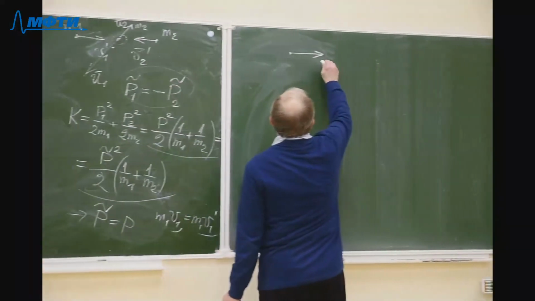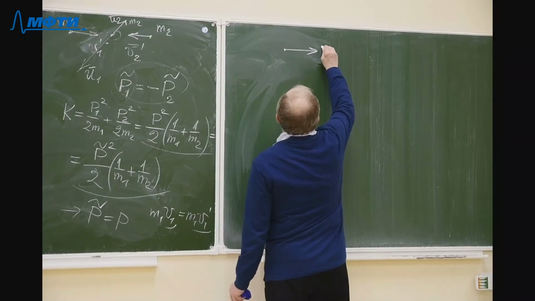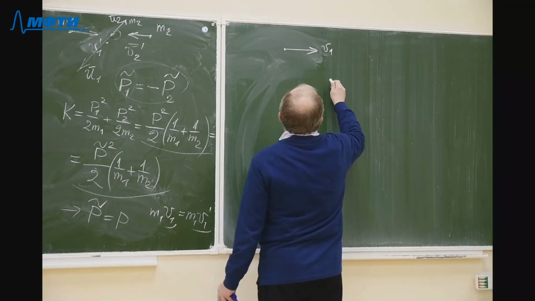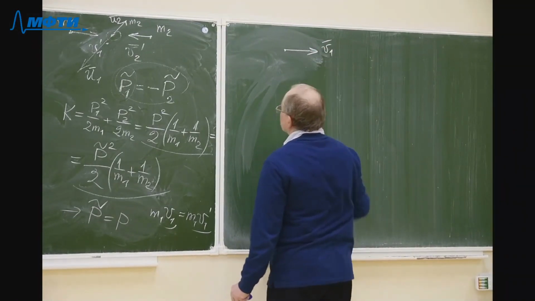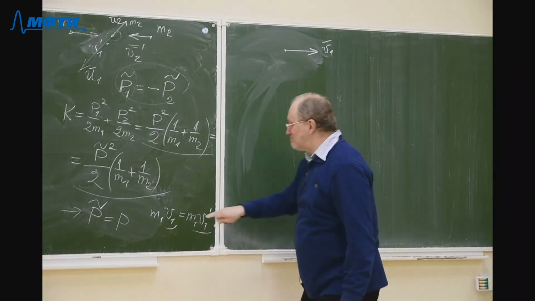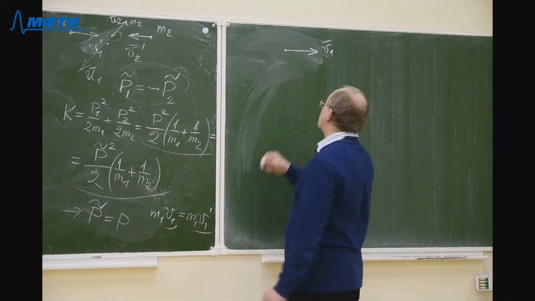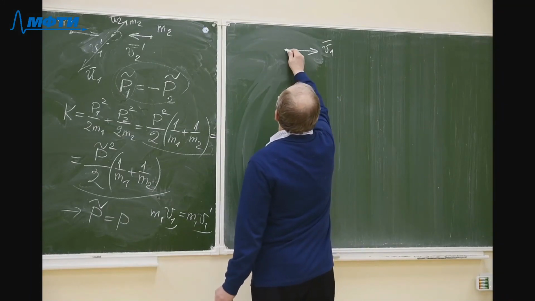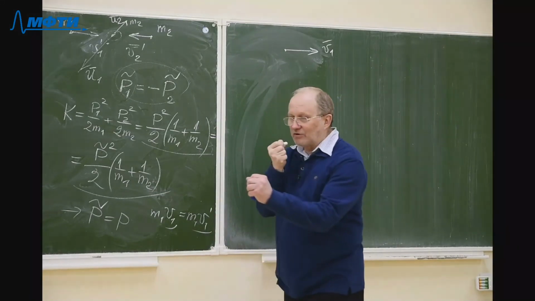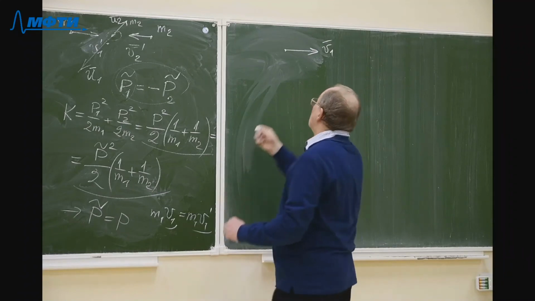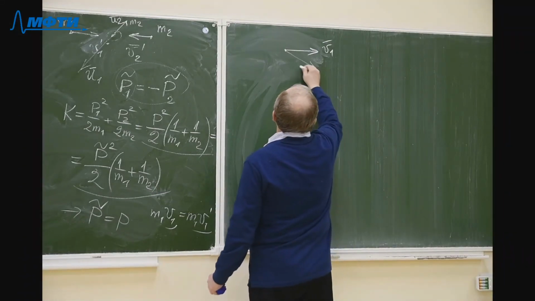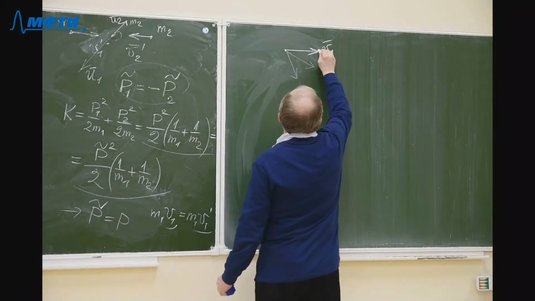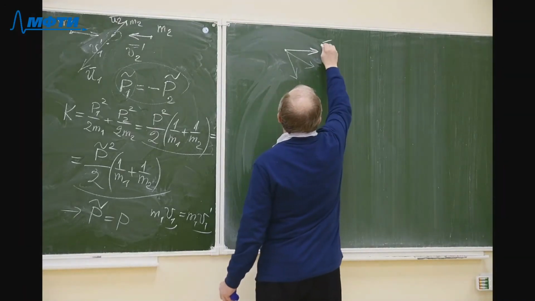So if the magnitude of the velocity of the first particle was this vector here, then after the collision the vector will be different, but the magnitude will be the same. The vector may be directed anywhere depending on how the two balls collided, but the magnitude of the vector will be the same.